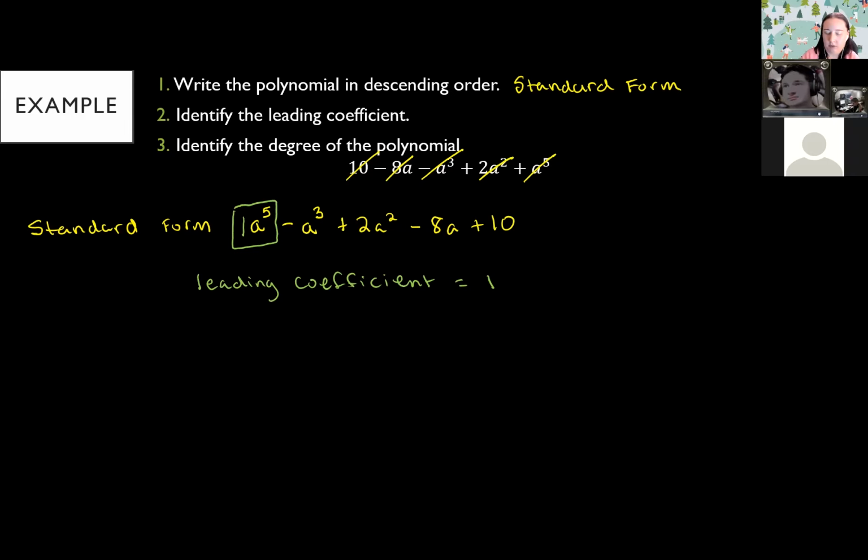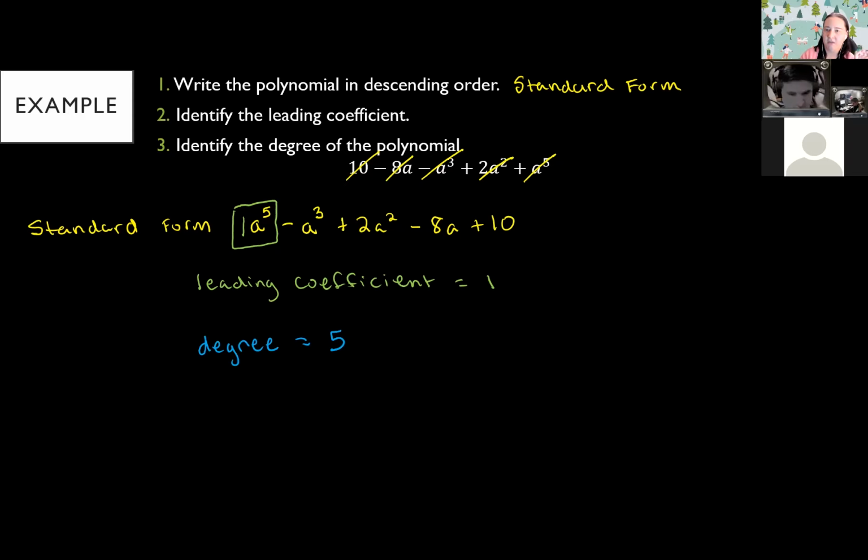And then part 3 says to identify the degree of the polynomial, and that is going to be the highest exponent that you see. So that's pretty easy. The highest exponent we have is 5. And so that's on the leading term, and that's the degree of the polynomial.